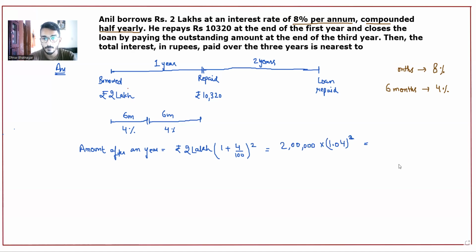So if I have to solve this 1.04 square, let's solve 104 square. What you have to do, you have to do the square of 4, that is 16. You have to multiply these 0 and 4 and double this, so multiply 0 and 4 is 0, and doubling is also 0.